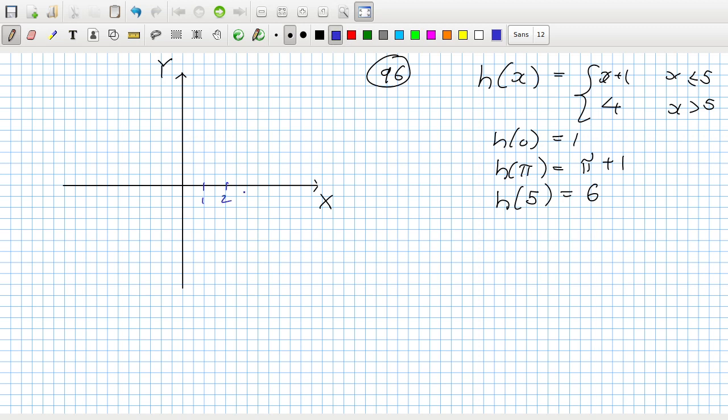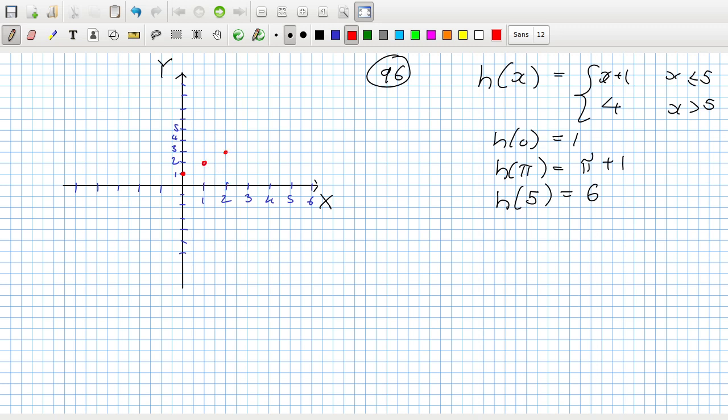So I think, 1, 2, 3, 4, 5, 6, minus 1, minus 2, minus 3, minus 4, etc. And then 1, 2, 3, 4, 5, 6, 7, 8, 9, minus 1, minus 2, minus 3, minus 4, minus 5, minus 6, etc. You get the idea. So when it's less than or equal to 5, for example, when x is 0, we get 1. When x is 1, we get 2.